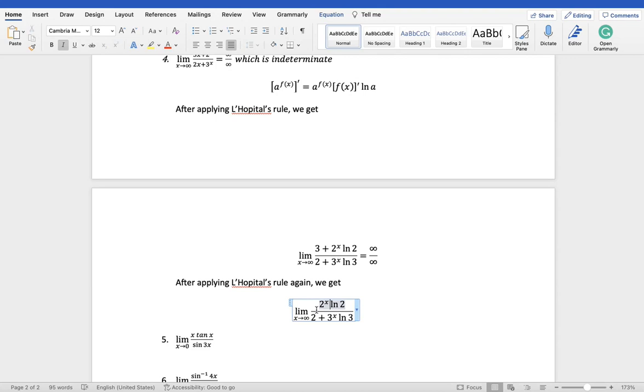Guys, what do you think is the answer for the numerator here, 2x ln 2? Is it right? I'm asking you because I want to see if you are attempting the question itself. Is it right or is it wrong? Is there something missing or not?